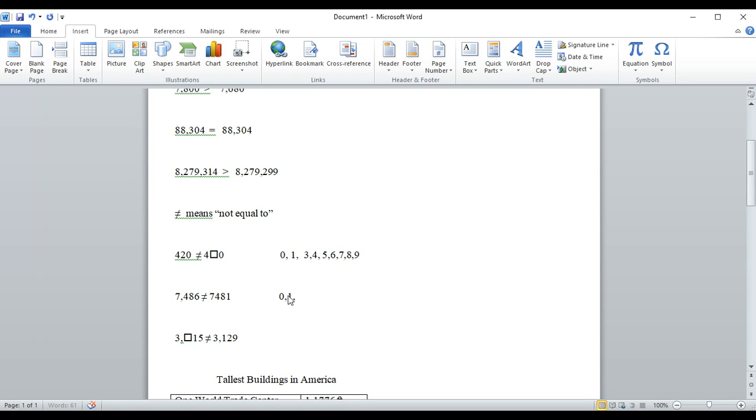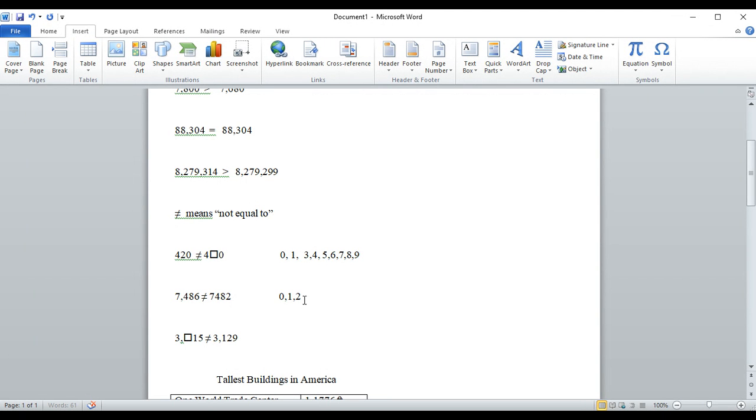Then I'm going to keep going through the digits. 7,486 is not equal to 7,482. That is correct. So I can put the 2 over here. And I think you can see where this is going.